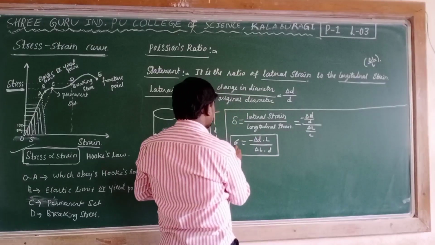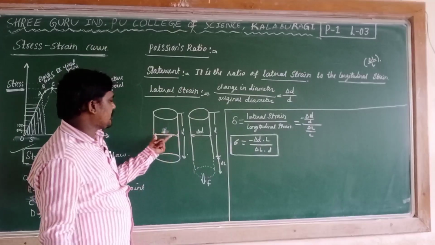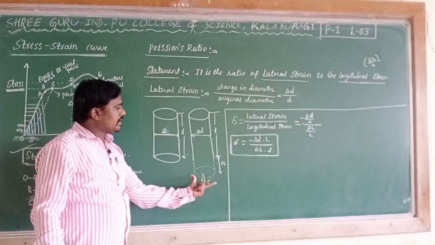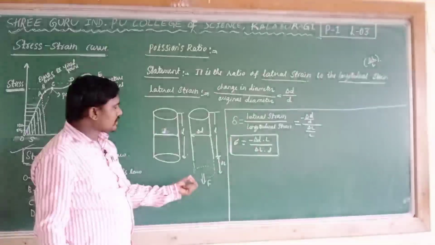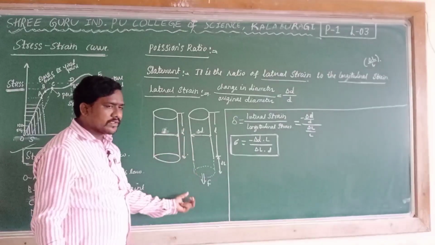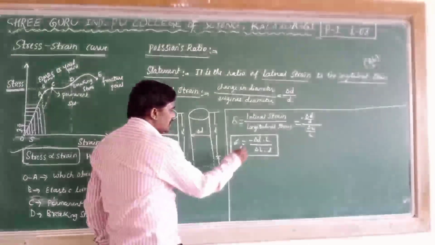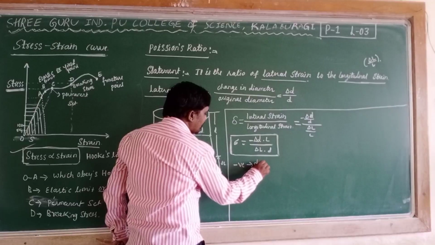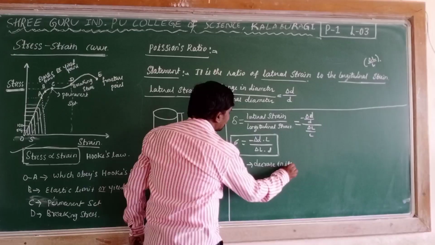This Poisson's ratio helps to find the change in diameter after applying a certain stress. If we act a stress continuously on a solid body, its length goes on increasing and its diameter decreases. That's why the negative sign indicates decrease in its diameter.